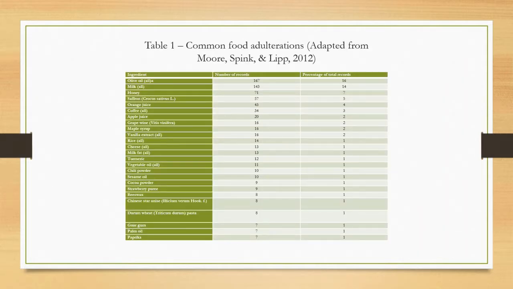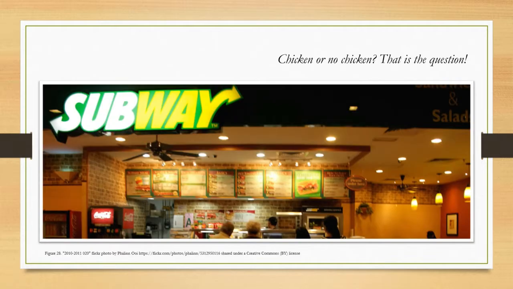The table below shows the top 25 ingredients that were targets of food adulteration processes present in the scholarly records dataset. And it's quite concerning to see olive oil and milk being the top two, as both these ingredients are part of our daily diets.